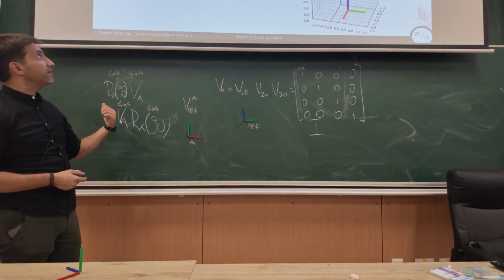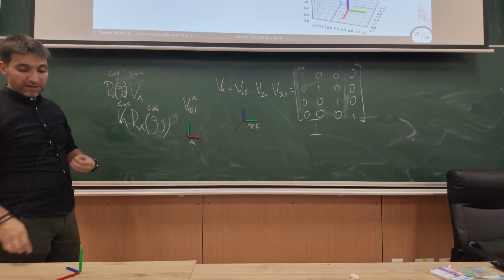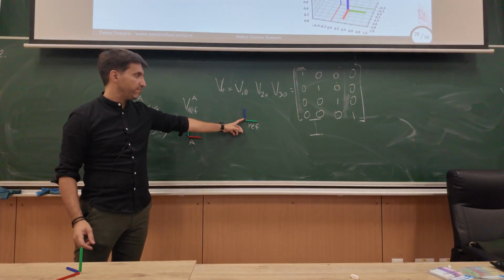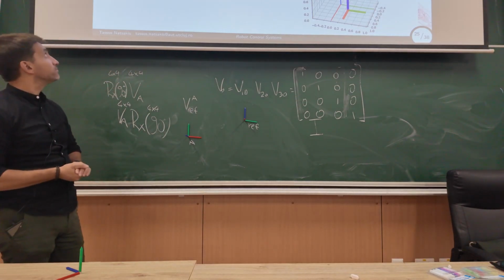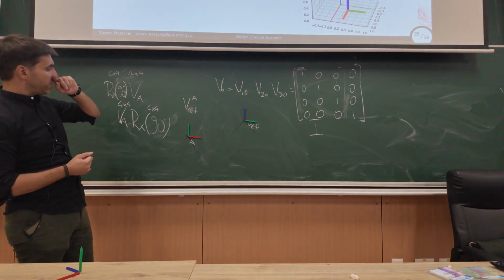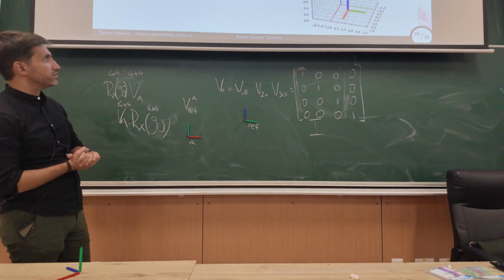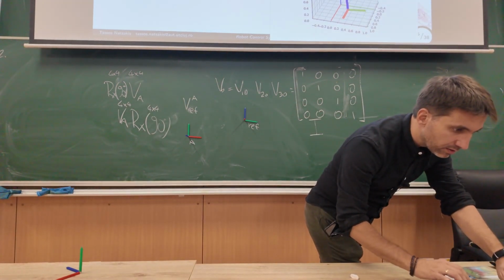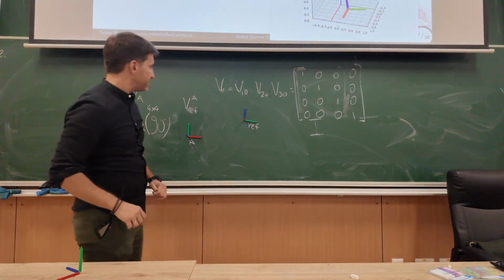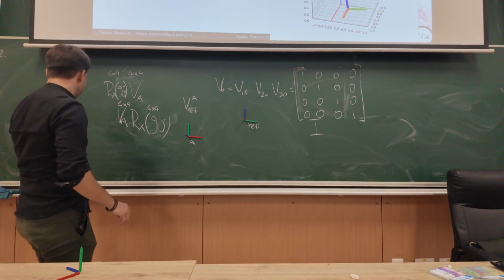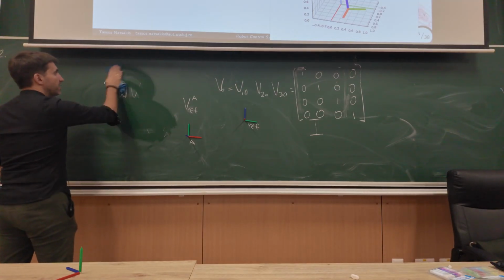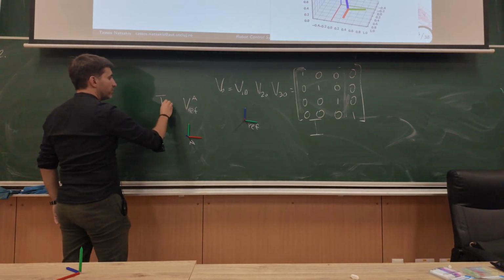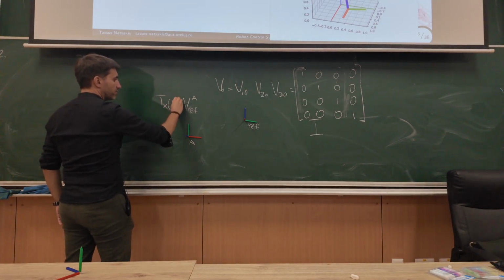When I multiply from the left, I basically apply a transformation with respect to the axis of the reference frame. What does that mean? Let's start with a translation first, because that's a bit easier. Let's say I have this V reference A, and I do a translation on X by 1 unit.